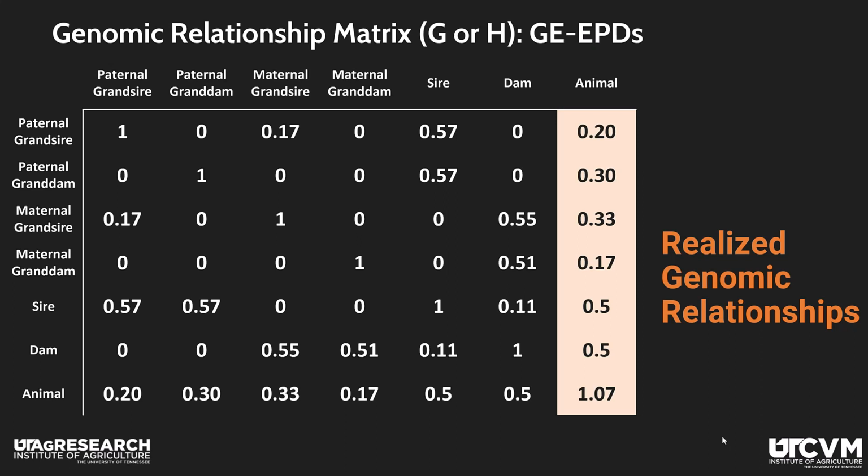This is how, again, that random shuffle of genes, we're able to pick up these differences and realize genomic relationships between animals. We're able to identify animals maybe that aren't related in a pedigree sense, but they share DNA with one another. Accounting for all of these in our EPD calculations ultimately makes those more accurate, right? So that's one way that we can use genomics.